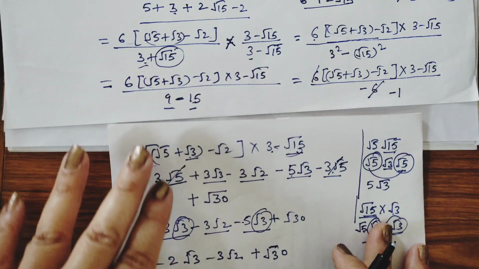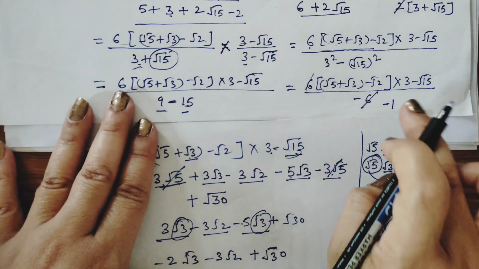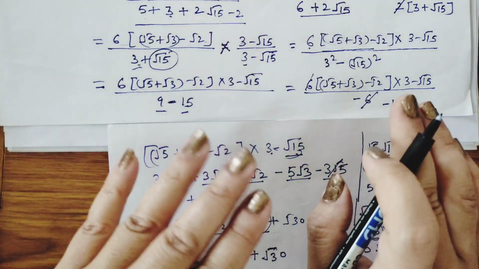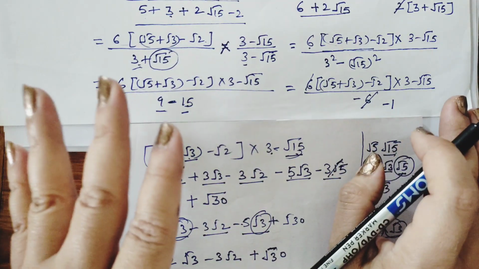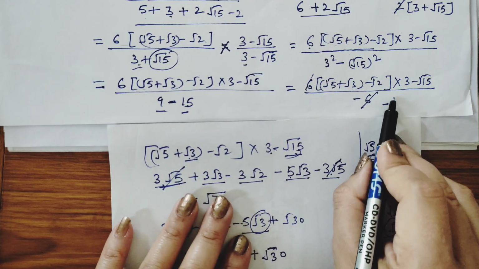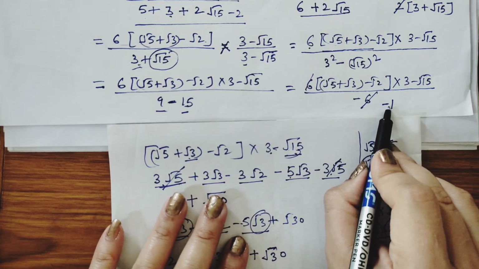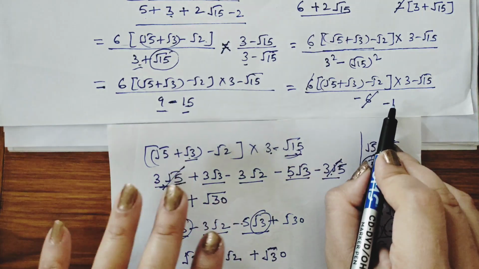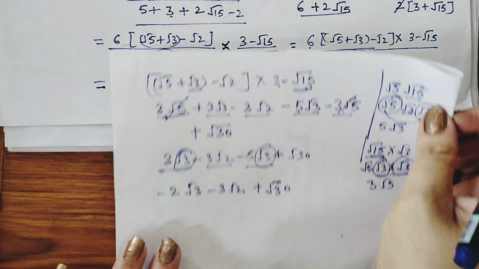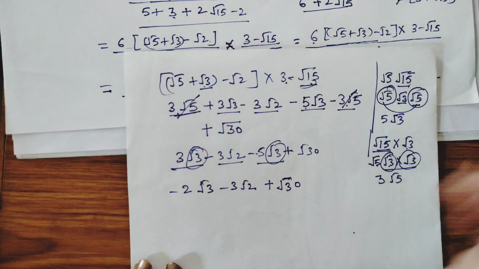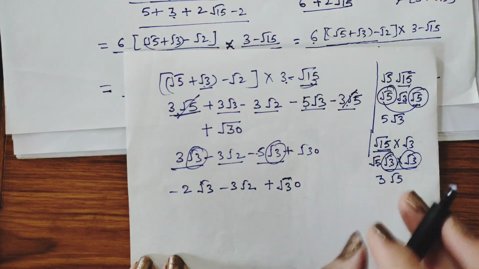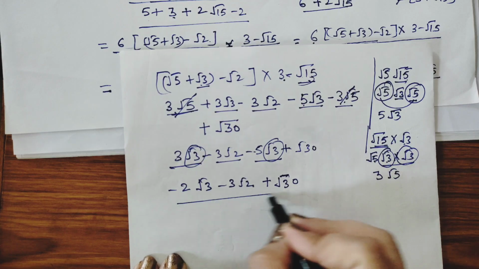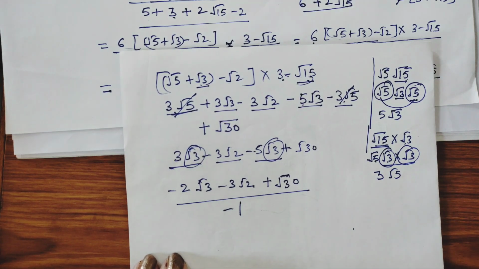One more thing. You can see here the denominator has no visible value, but you can see the 1 is negative. So do not forget this minus 1; we will write it down at the end. So the numerator is almost solved, and the denominator minus 1 is remaining.